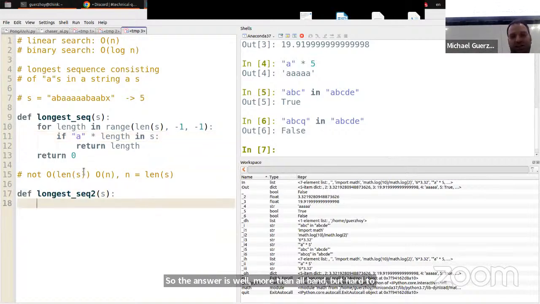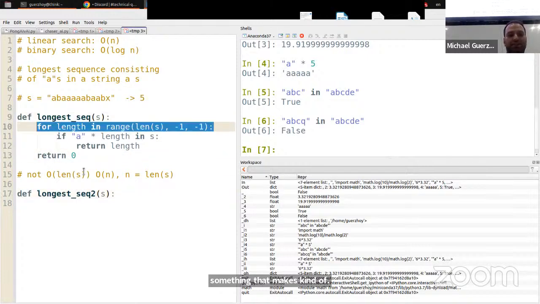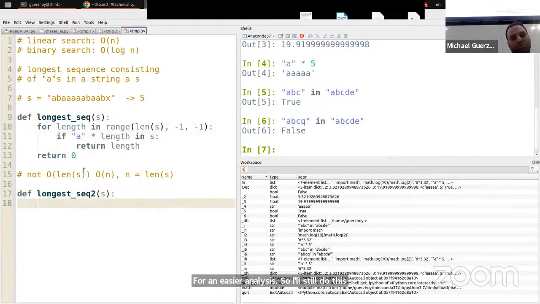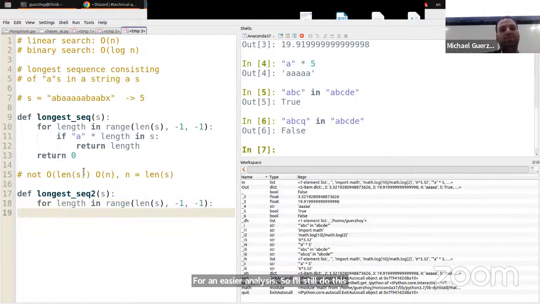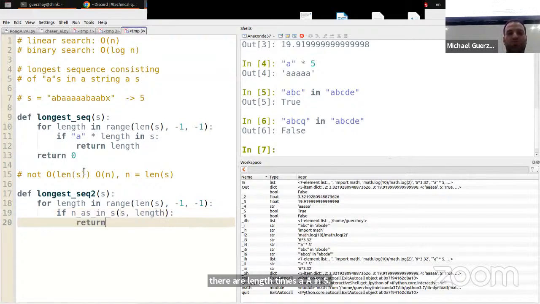So what I'll do is I'll just implement something that makes for an easier analysis. So I'll still do this. And here I'll just call a function that checks whether there are length times A's in S. Then I'll return length.